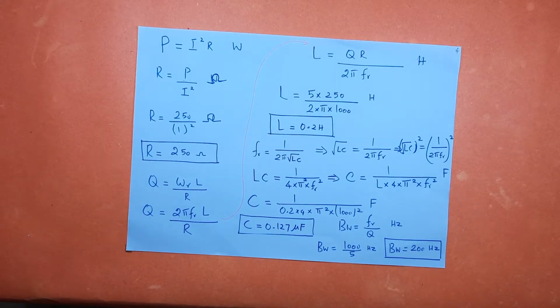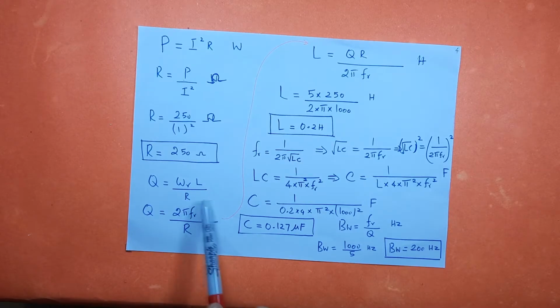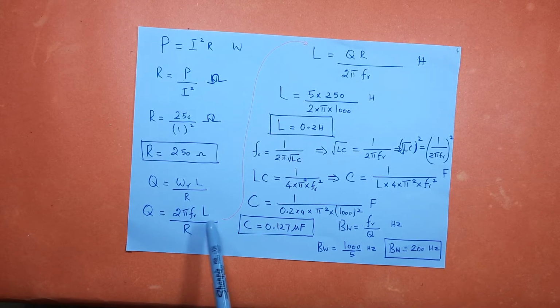Next we have Q, the quality factor. Q equal to omega R L divided by R. Omega R is nothing but 2 pi FR, so Q equal to 2 pi FR L by R. Keep L on the left hand side, take the other things to the other side.